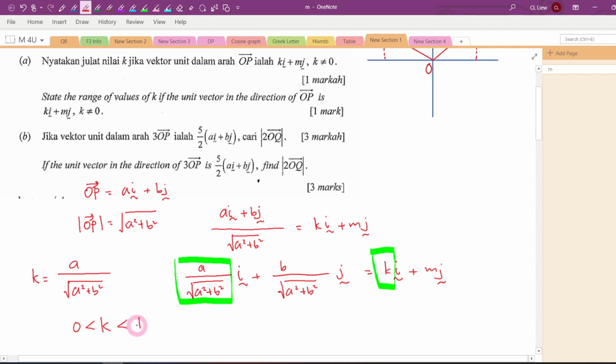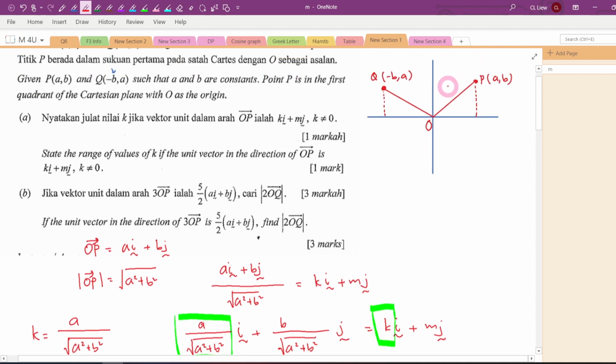Why? When will k equal 1? Let's say when b is equal to 0, then it will be a divided by the square root of a squared, which is equal to 1. But can b equal 0? The question tells you that P is in the first quadrant, so both numbers must be positive.